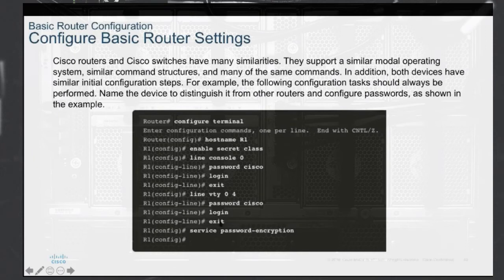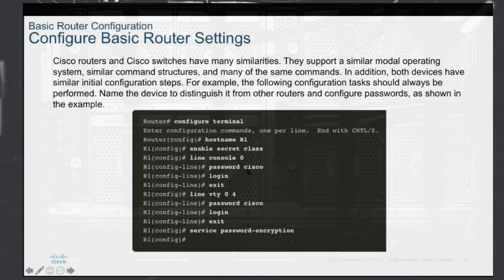So if you just do until this, before the service password encryption, and then you see the show run, you would see all the passwords in plain text. There would be Cisco mentioned on it, there would be class mentioned on it, and if anyone has the access, or if anyone accessed by accident, they would know the passwords in plain text. But if you do this service password encryption, and then do the show run, you would see that all those passwords that were in plain text are encrypted now.